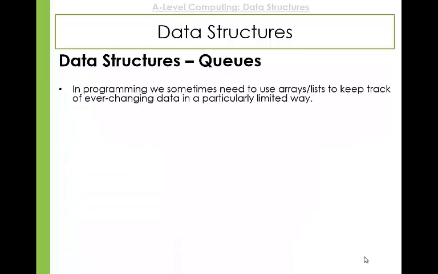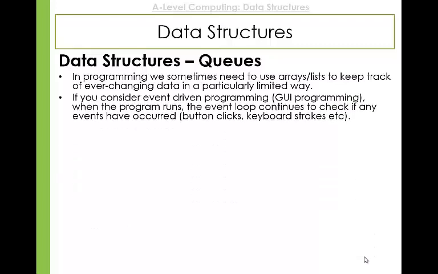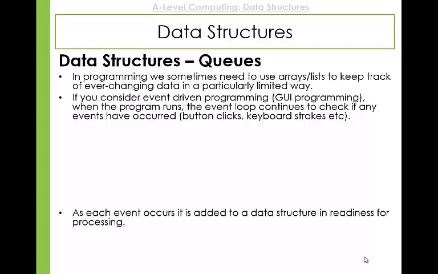Okay, so in programming, sometimes we need to use arrays and lists to keep track of ever-changing data in a particularly limited way. So obviously we've got our arrays and our lists to hold linear data. But if you consider when you develop GUIs, so graphical user interfaces, when the program runs, we've got an event loop, and it keeps checking to see whether events have occurred, so whether a button's been clicked or whether a keyboard's been pressed.